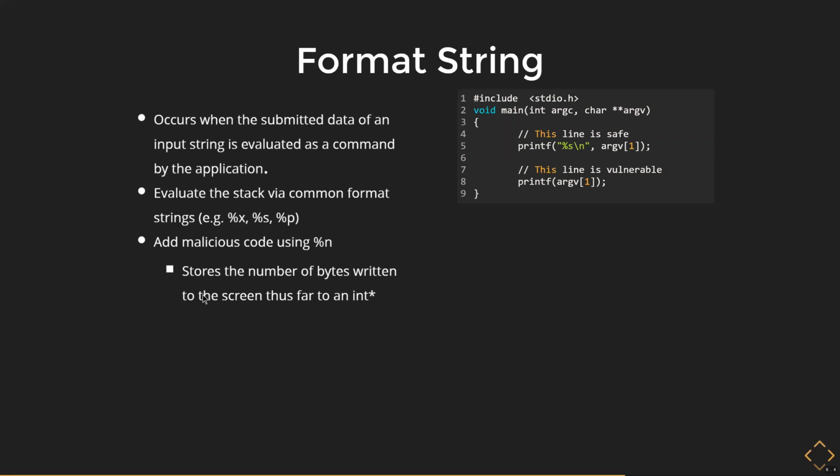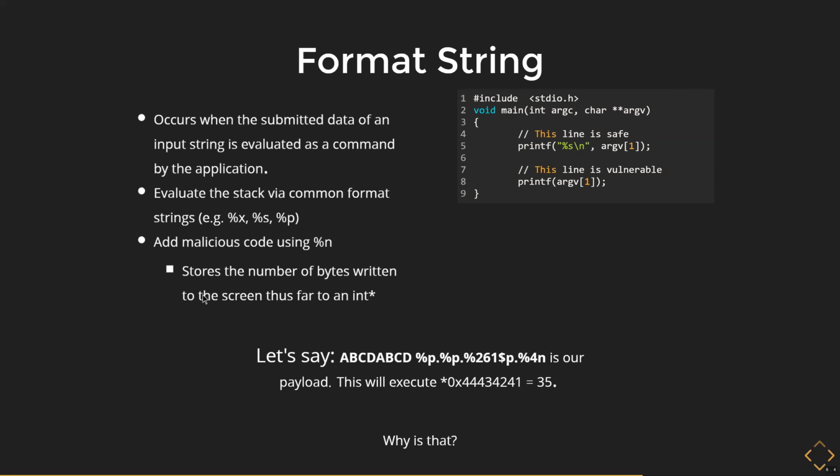So an example of this attack. Let's say we have this standard input here: ABCD, %p, %261$p, %4$n. What this little piece here is saying is, with the number and the dollar sign, I want to read from the 261st place.